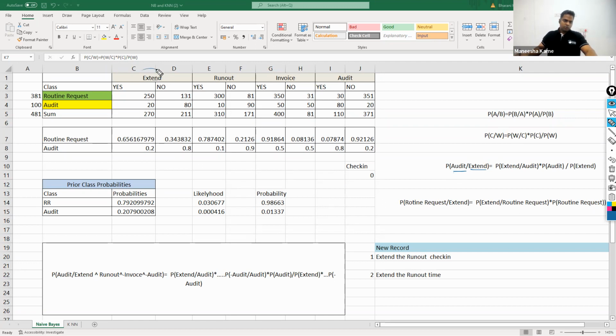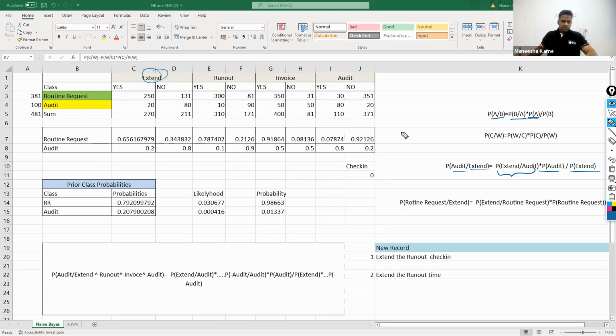Given that this word was available in one of the requests, what is the probability that it belongs to audit? For that, this is like P of A by B. You flip it, make it extend given audit, multiplied by probability of A, which is the numerator, divided by probability of B, which is the denominator. Right? This is the basic.